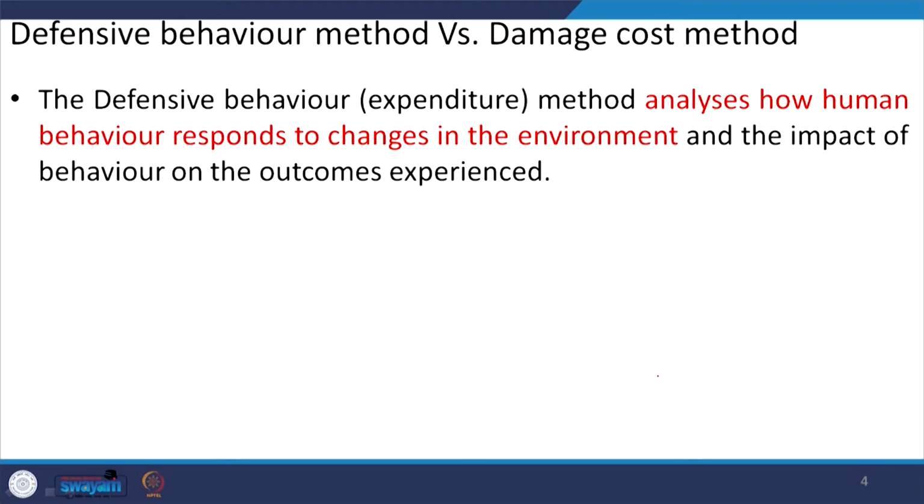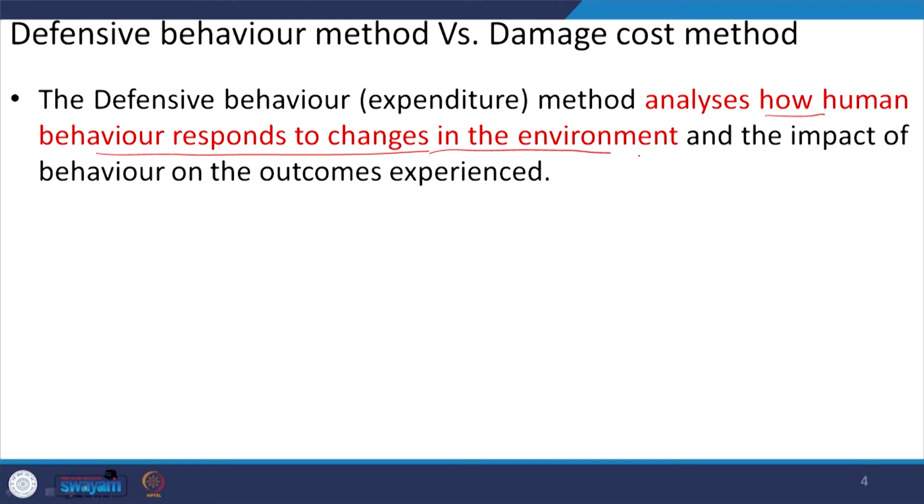So, in our defensive expenditure examples, we have taken into account air pollution as well as noise pollution, and the number of sick days. Here we are analyzing how behavior responds to changes. When pollution increases, how does human behavior change?